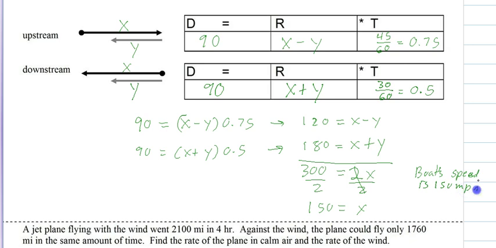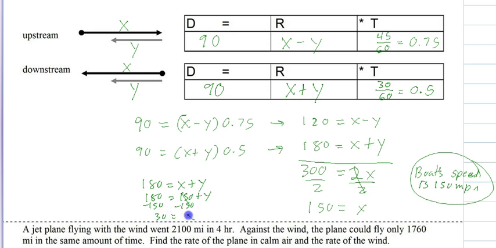And then how do we find the current speed? Just take any of the equations and plug it in. So we have 120, or we'll do the 180. So 180 equals x plus y. Plug in our x. Oops, that's the y. So that means the speed of the current is 30 miles per hour.